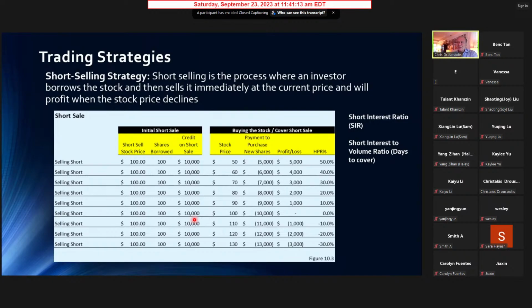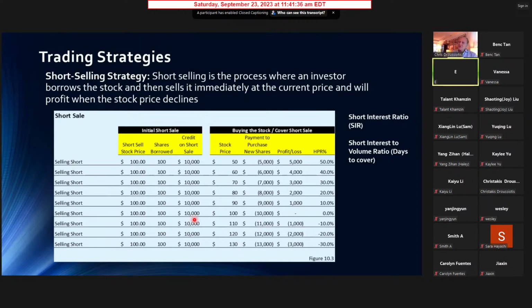The second scenario is the reverse of that. You borrow the stock and sell it. You keep the money in the account, but the stock goes up. So what happens when it goes up? The broker says, hold on a minute, you owe more money. The stock is higher than when you sold it.